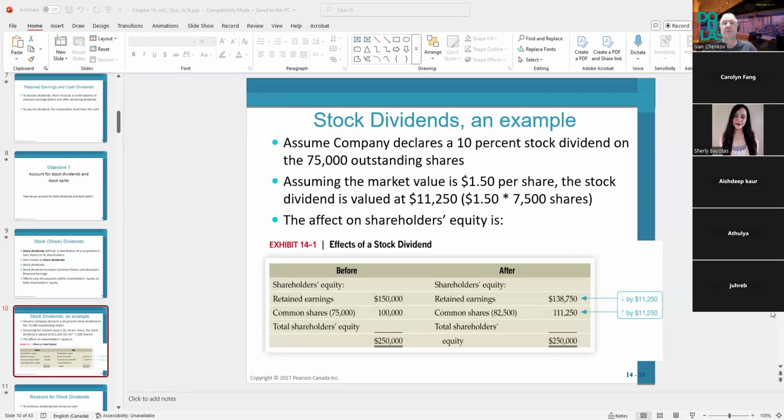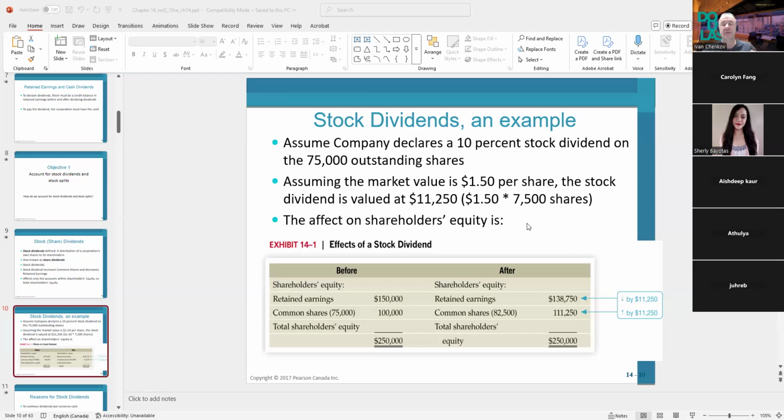So the dividend that we're going to distribute as common shares will be 11,250. The journal entry obviously will be debit retained earnings, credit common shares dividend distributable.